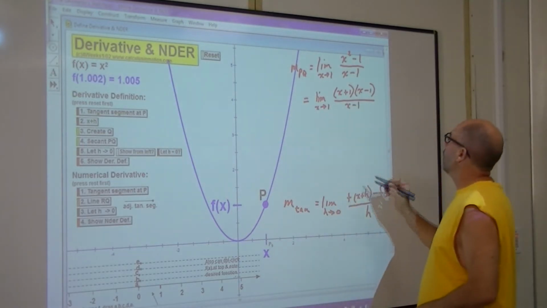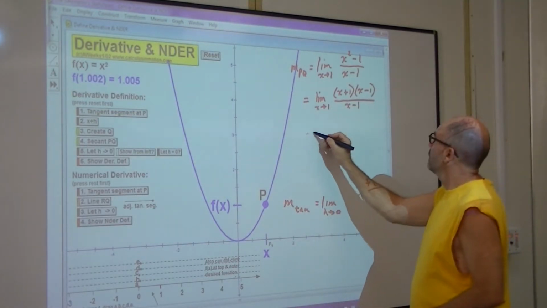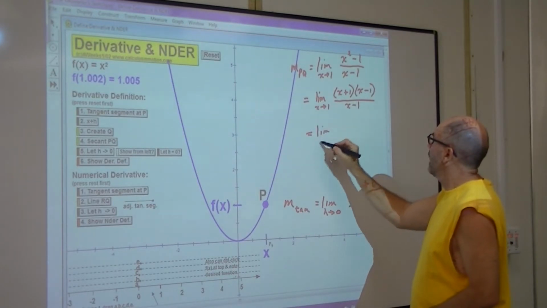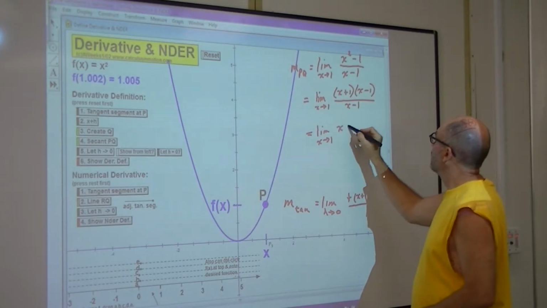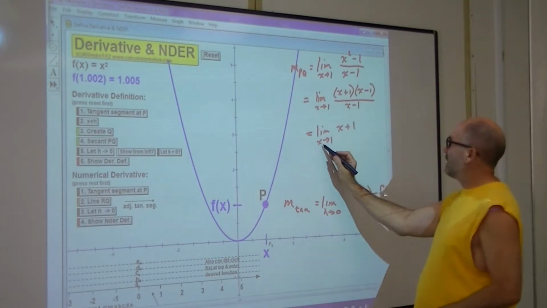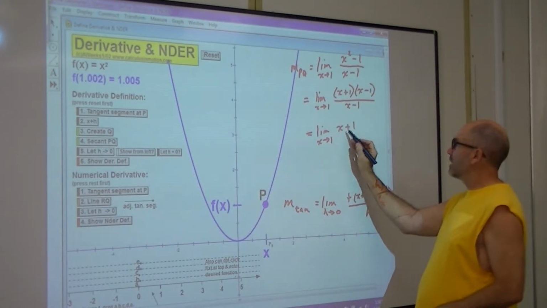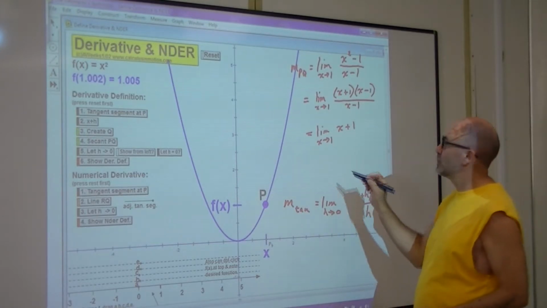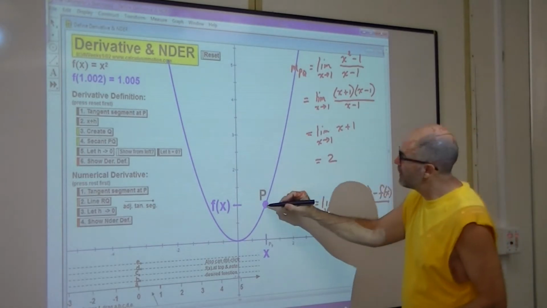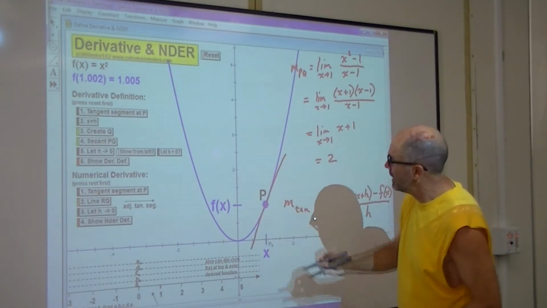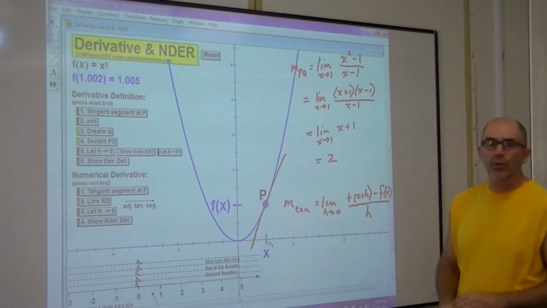All right, now the x minus 1's cancel, so this equals the limit as x approaches 1 of just x plus 1. Now, as x approaches 1, x plus 1 is going to end up approaching 2. Bam! So the slope of the tangent at point P is exactly 2.